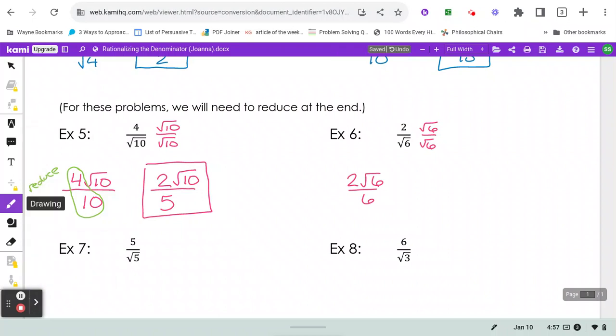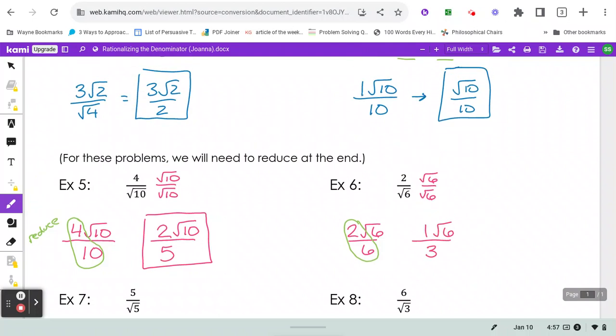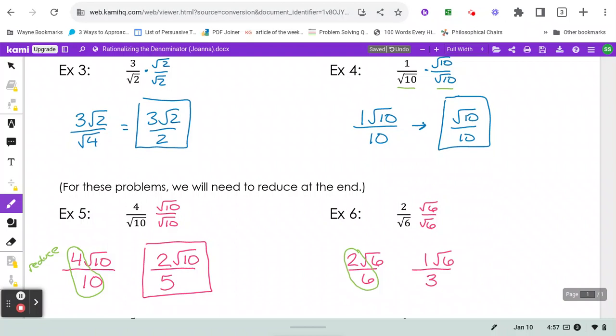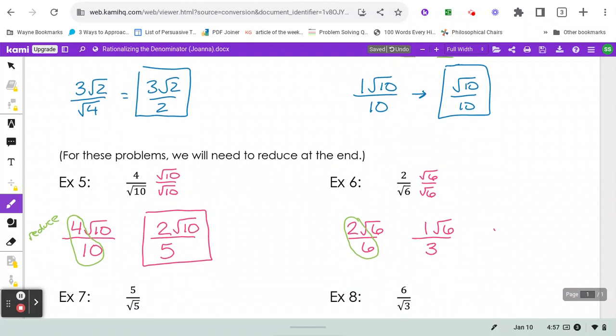We're going to take the 2/6, reduce that fraction. Both of those can be divided by 2. And it's not always 2. Sometimes they can divide by 3 or 5 or whatever. But 2/6 reduces to 1/3. Bring over the square root of 6. And again, just like on problem number 4, we don't need that 1 in front. So I'm going to write this as a final answer, square root of 6 over 3.